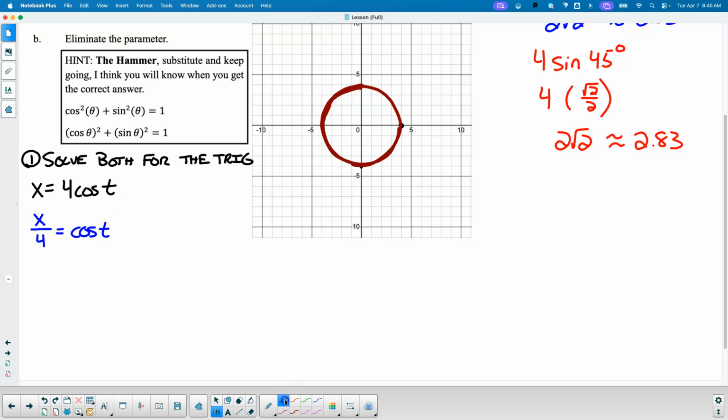If I have y equals 4 sine of t, then y divided by 4 equals the sine of t. The hammer says cosine squared plus sine squared is 1.